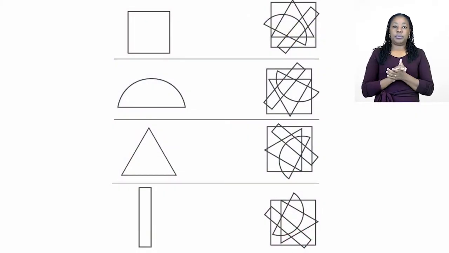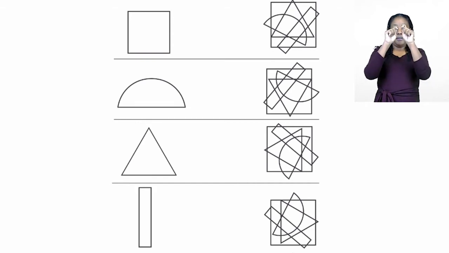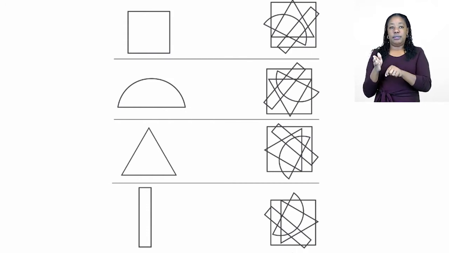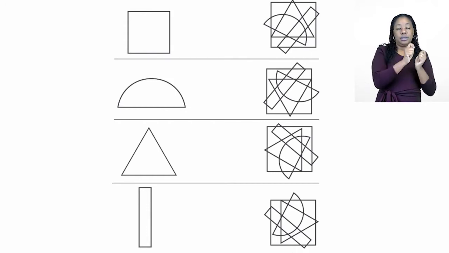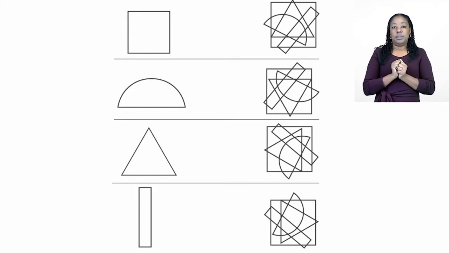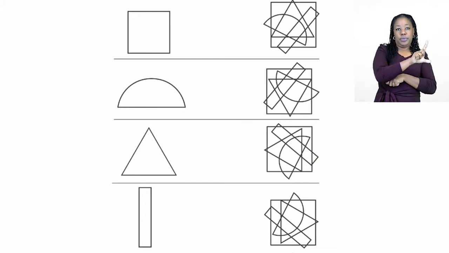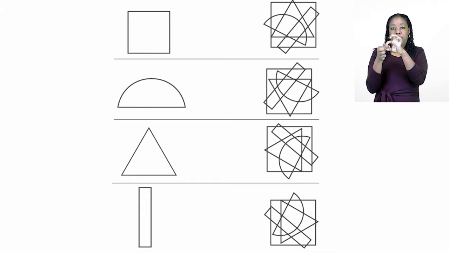Page 15 has shapes on it, but some of the shapes on the right-hand side are different from the ones on the left-hand side. It is your job to find the shape that is on the left-hand side of the picture and match it with the one on the right-hand side. When you find it, you must also color that shape.